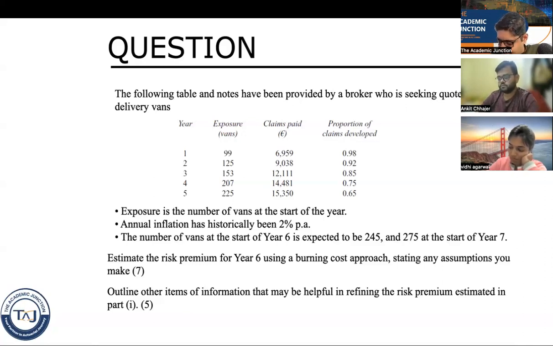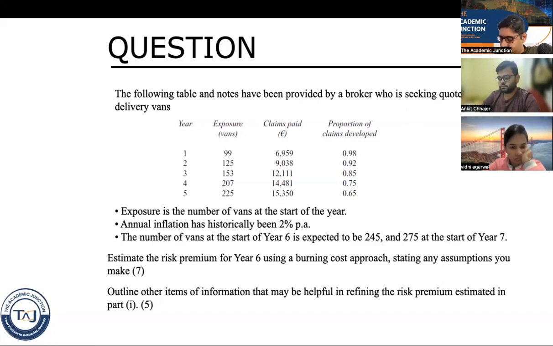And if any RI treaty change is expected over the subsequent year. Also details of large claims over past years. Also the details of CAT losses over past years, so that we could make appropriate adjustments for the same. Yeah, so these are the main points that I could think of.